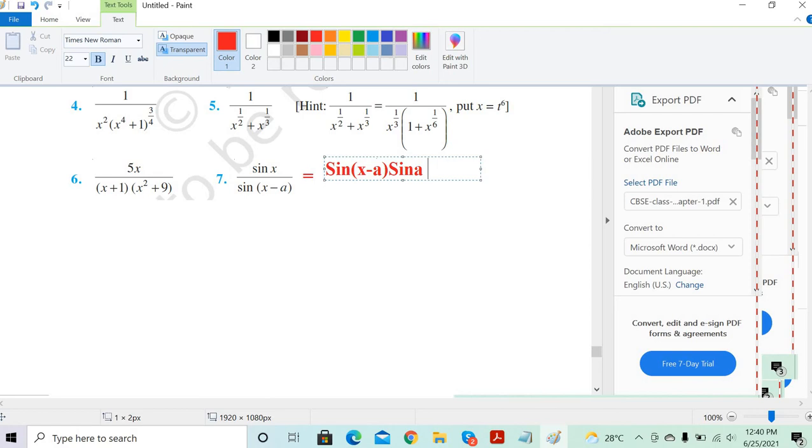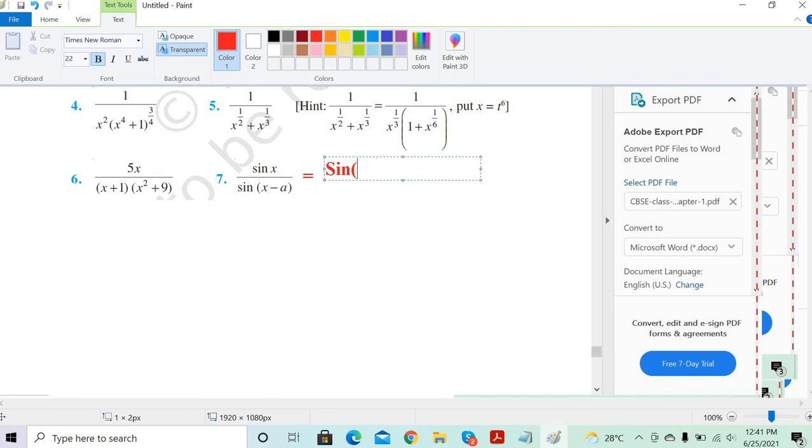Cot t, sir. Cot t, remember that, right? Cot t is log sin x. Oh, yeah, formula. Cot x is log sin x only, no? So cos x by sin x, sin x differentiation is cos x only. The answer is log sin x. Okay, sir. This is the standard answer. Got it, sir.